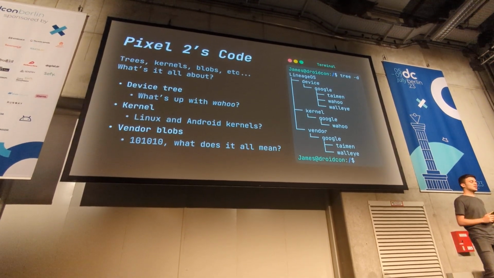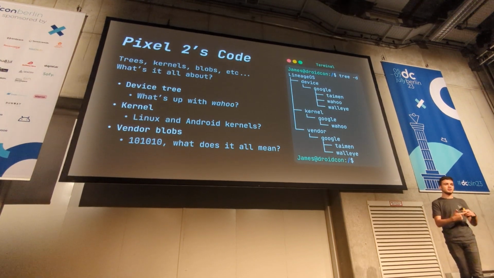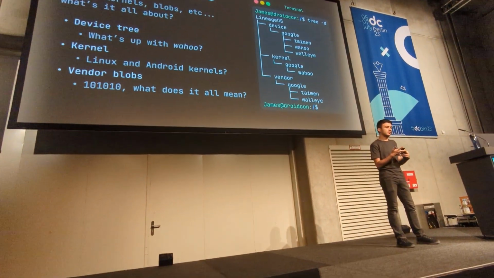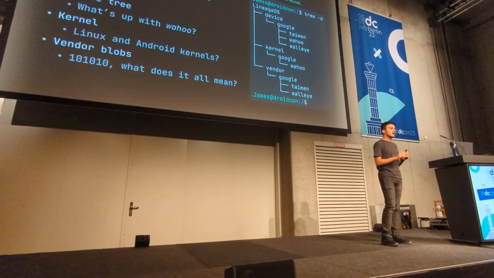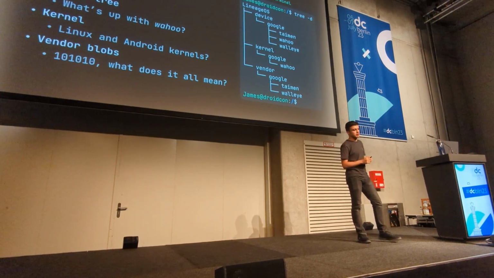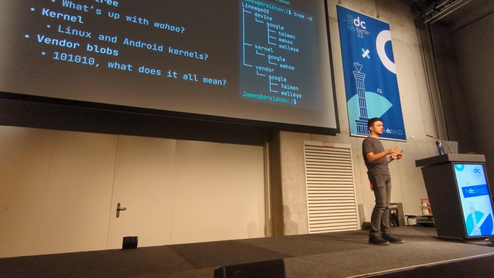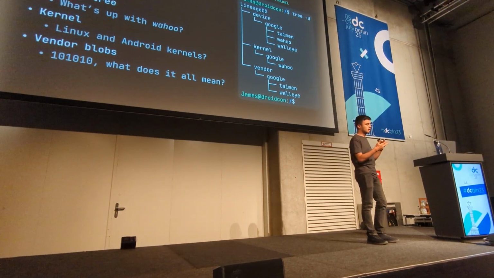As you can see, the Pixel 2's code primarily is made up of a device tree, a kernel, and vendor blobs, plural. So, in this case, our Pixel 2 has a common tree. It's not your normal one device, one repository. It's Taimen, Walleye, and Wahoo.